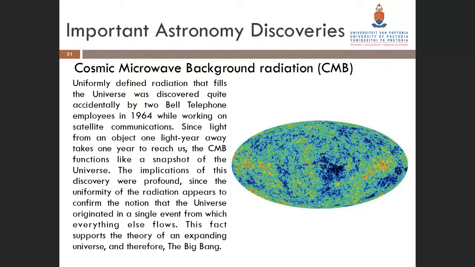Since light from an object 1 light-year away takes 1 year to reach Earth, the cosmic microwave background functions like a snapshot of the universe. The implications of this discovery were profound, since the uniformity of radiation appears to confirm the notion that the universe originated in a single event from which everything else flows. This fact supports the theory of expanding universe and therefore the Big Bang.